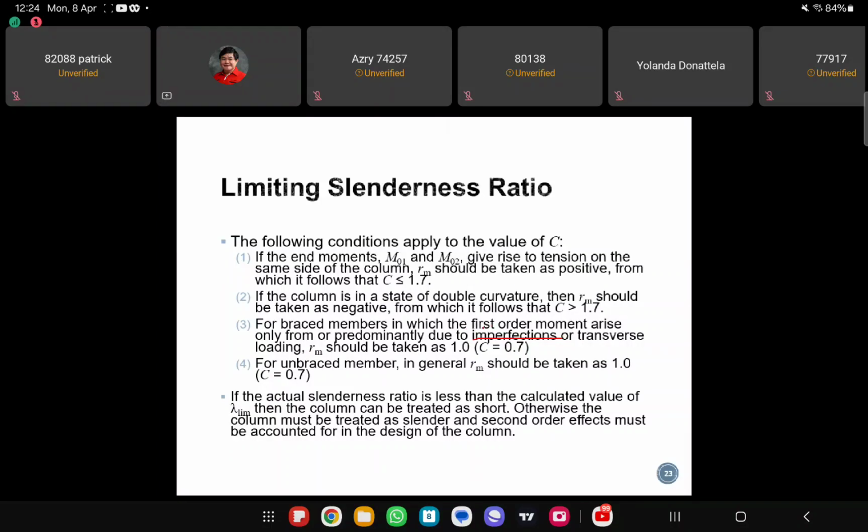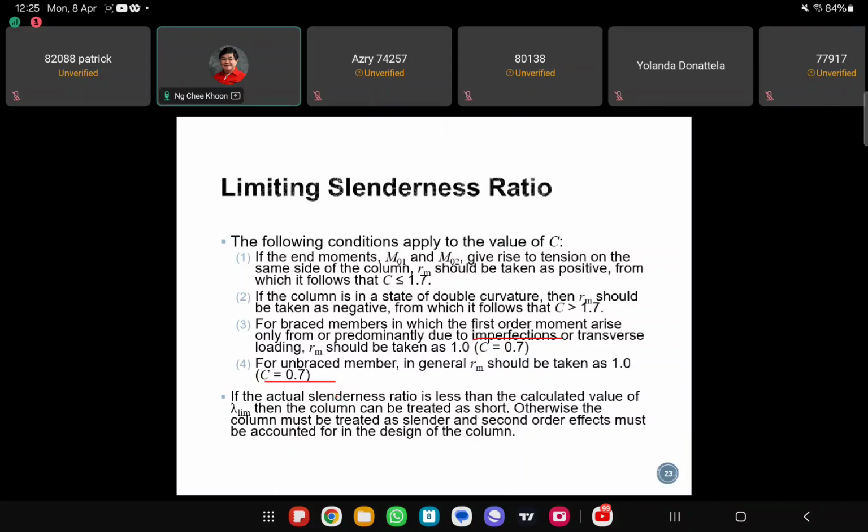And then here it says for brace members in which the first order moment arise only from or predominantly due to imperfections or transverse loading, then Rm should be taken as 1.0. Okay. So meaning that your C factor becomes 1.7 minus 1, so it will be 0.7, right? So for brace member in general, Rm should be taken as 1, so C is equal to 0.7 or so.